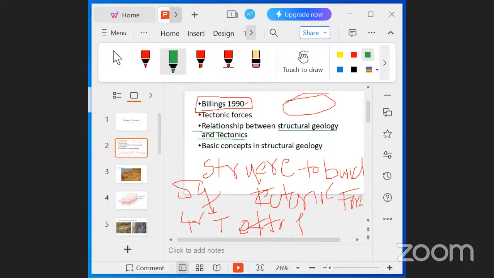Structural geology is mainly concerned with rock geometry, whereas tectonics deals with the forces and movements responsible for the generation of rock or geologic structures.